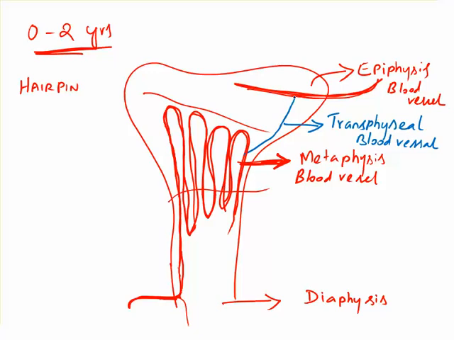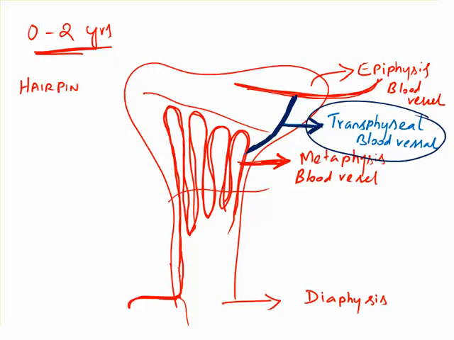There is a blood vessel which connects the metaphyseal blood vessel with the epiphyseal blood vessel, that is called transphyseal blood vessel. So keep this basic in your mind. This kind of vasculature is seen in 0 to 2 years of age.